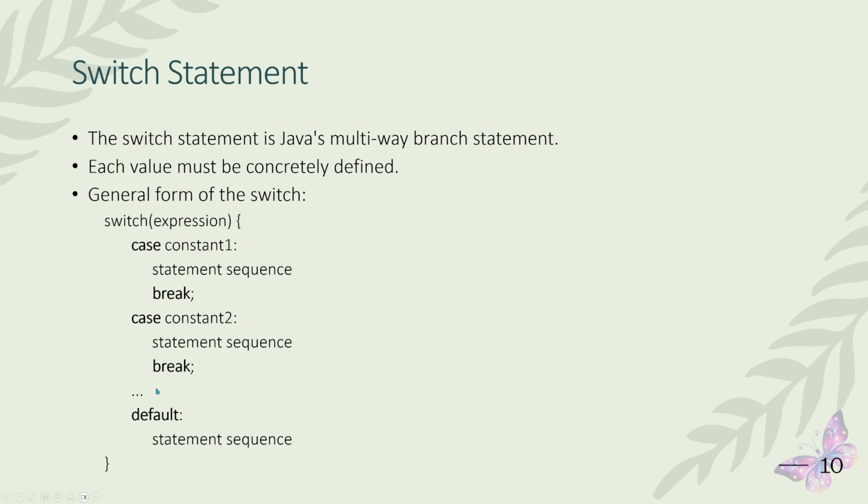This way you can go on, depending on how many case constants you have. Then at the end you have a default condition. Default is used when none of the case constants is true. You write default, the statement sequence, then close the braces.